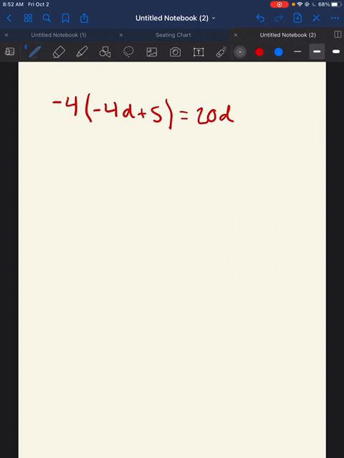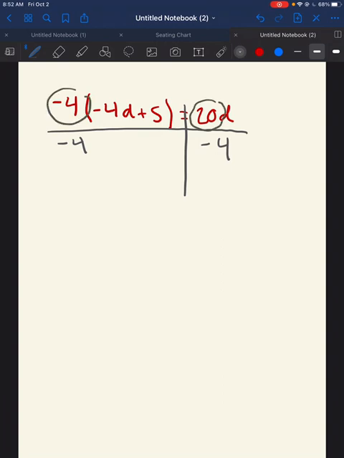Okay, so what's going to happen is we need to distribute. Okay, but I also see this little trick we did. So if I can divide this whole thing, both sides, by negative 4, can I do that? Yes, because this is divisible by 4, and this is divisible by 4.